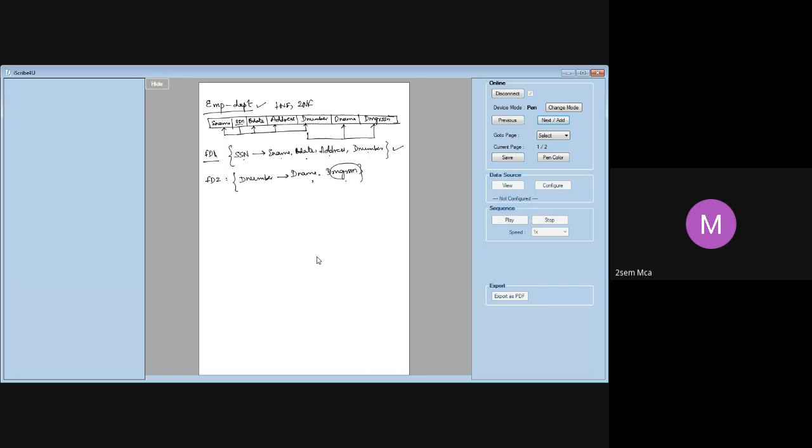See what I can infer from this. SSN determines D number. D number determines DMGR SSN. So I can always say SSN determines DMGR SSN. Right? No non-prime attribute of R should be transitively dependent on the primary key.